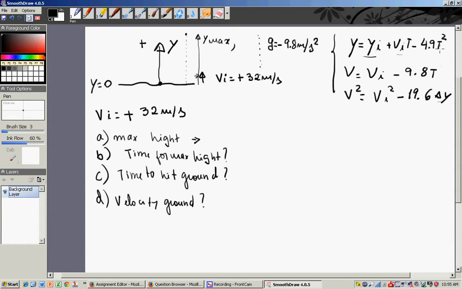The initial velocity I have, 32 meters per second, but I don't know how long it takes the ball or the rock to reach maximum height. So I cannot use this equation of position versus time, because I do not know the maximum height, and I don't know how long it took the rock to go to the top. So which equation is good?